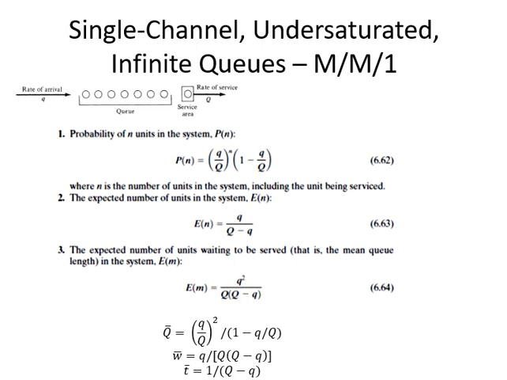Poisson distribution. We know these two. There's another one, the exponential distribution. So we know Poisson, uniform, and exponential. These equations assume that arrival follows a Poisson distribution and the departure follows an exponential distribution.